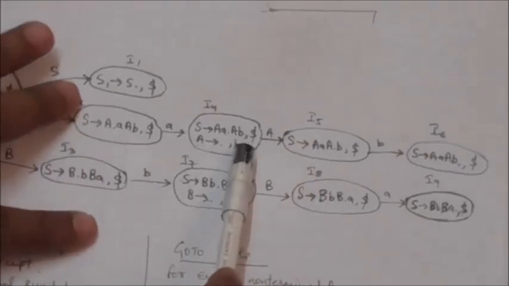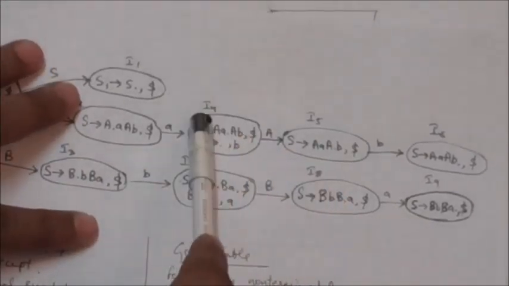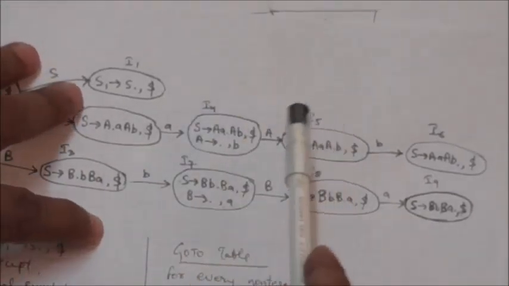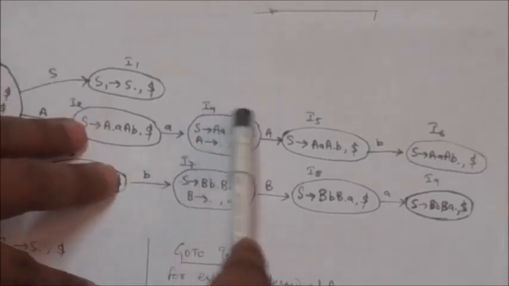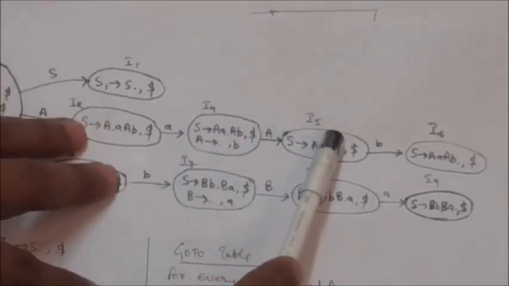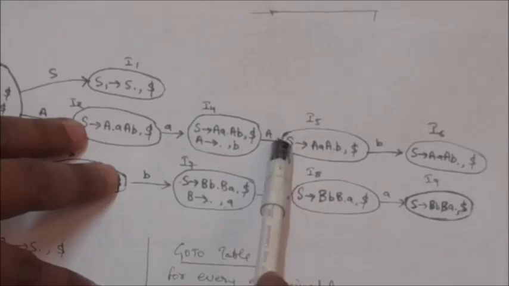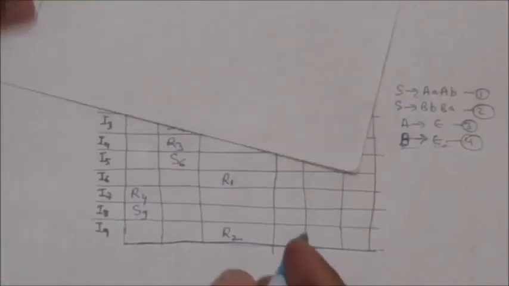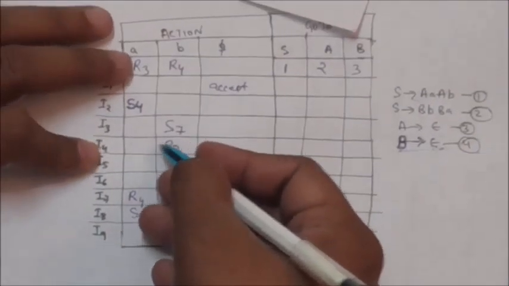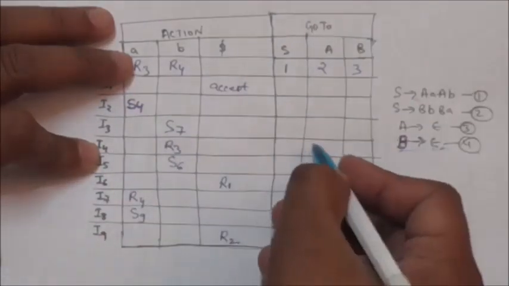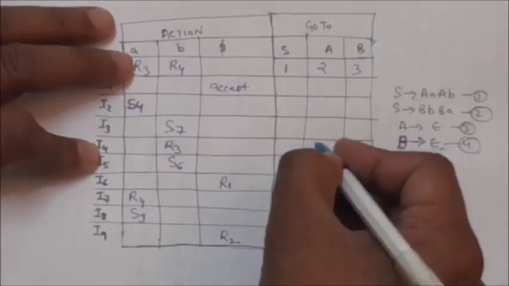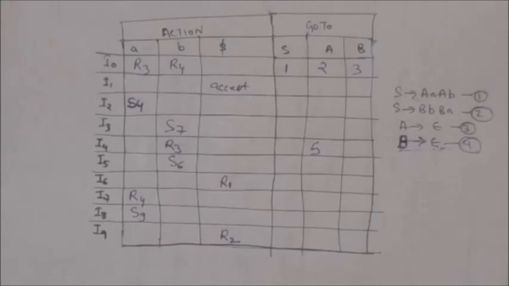Now see this transition for non-terminal symbol A from state I4 to I5. So here from state I4 there is a transition to state I5 in the DFA for non-terminal symbol A. So in the Goto table at the row labeled by I4 and column labeled by non-terminal symbol A, I will write 5.